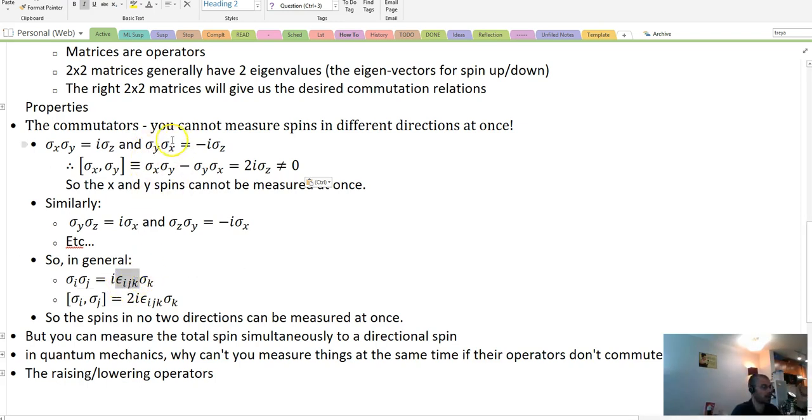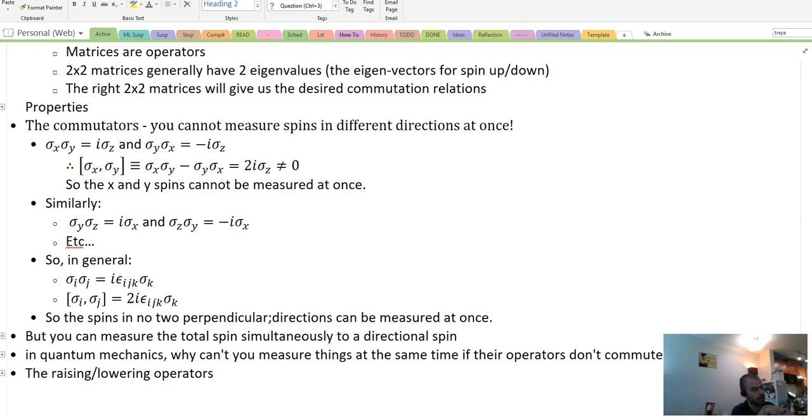So this formula also captures when we switch the order, we get a negative. Cool. And so in general, this is the general formula. This commutator is equal to this. So the spins in no two perpendicular directions here, probably as long as the directions aren't parallel, they cannot be measured at once.